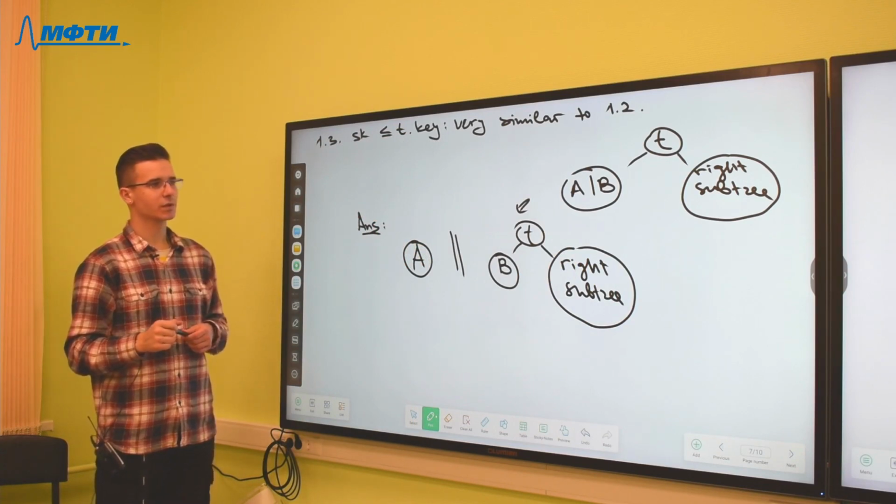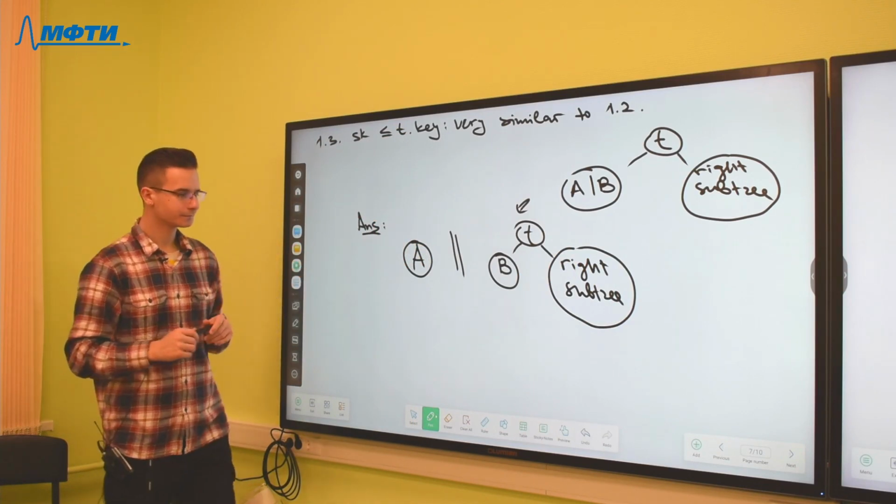Okay, it's about splitting. Is it understandable?